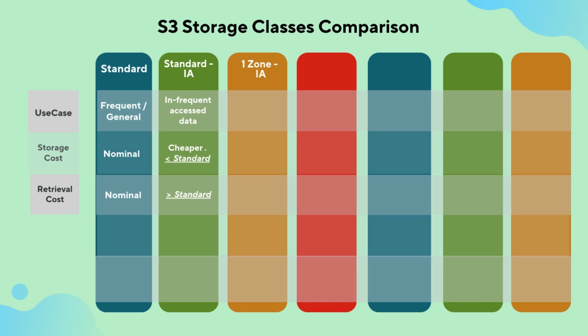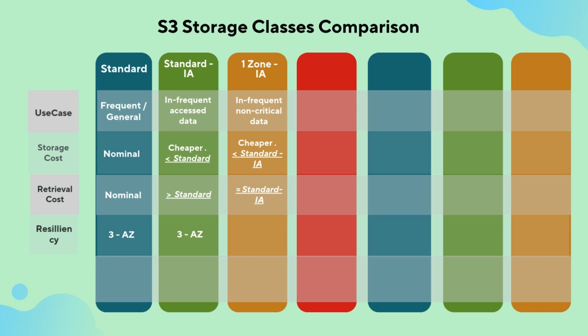Let's go to the next storage class, that is called one zone infrequent access. Again, this is for data which is not accessed very frequently. This is even cheaper than standard IA as well, and the retrieval cost is the same as standard IA. Again, you might be wondering, hey, I will use one zone IA all the time, but there is a catch. That is the resiliency.